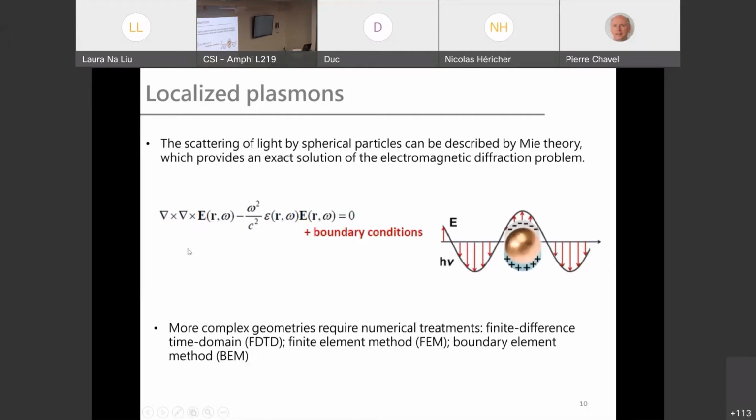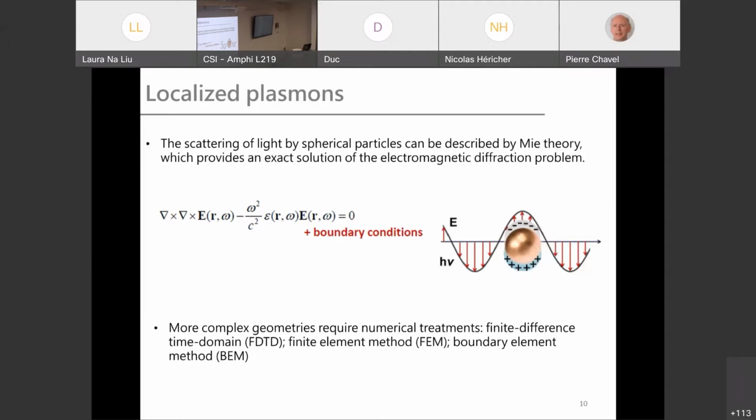Basically, we start from the Maxwell equations to result in the Helmholtz equation with appropriate boundary conditions. And then in the end, we can get the exact solution. So this is okay for the spherical nanoparticle. However, if we want to go to more complex geometries, for example, triangles with very sharp edges, or nanostars, which are very good for SERS applications, so very complicated geometries, then we likely need numerical treatment methods.